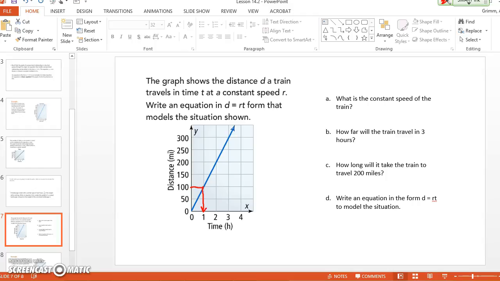So the speed of this train is 100 miles per hour. All right, how far will the train travel in 3 hours then? Just 300, right? If it's going 100 every hour, in 3 hours it would go 300. Okay? C, how long will it take the train to travel 200 miles? Samantha. 2 hours. Very good.